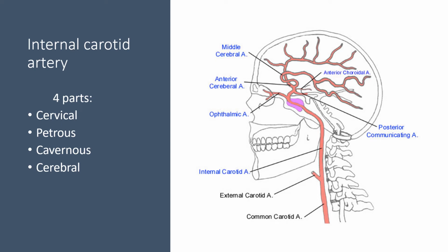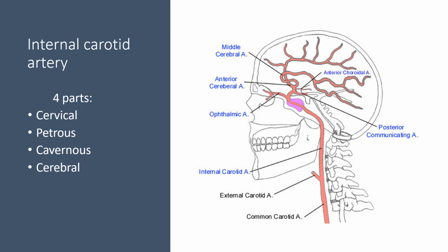It traverses the carotid canal in the base of the skull and enters the middle cranial fossa beside the dorsum sellae of the sphenoid bone. Here, it first runs forwards along the floor and the medial wall of the cavernous sinus and then turns upwards on the medial side of the anterior clinoid process.